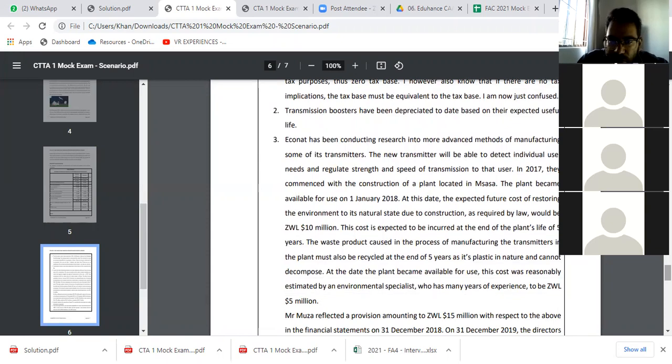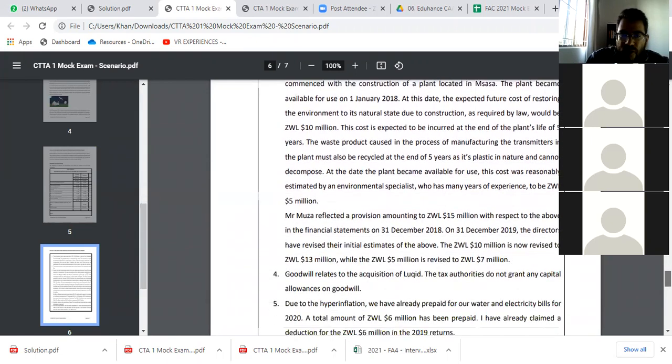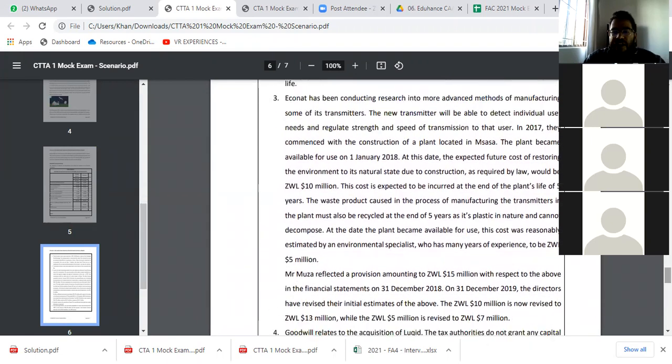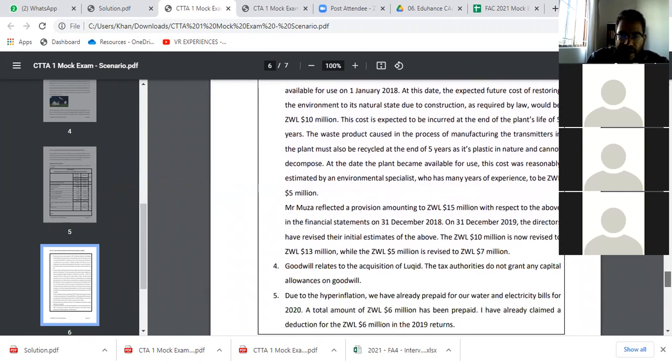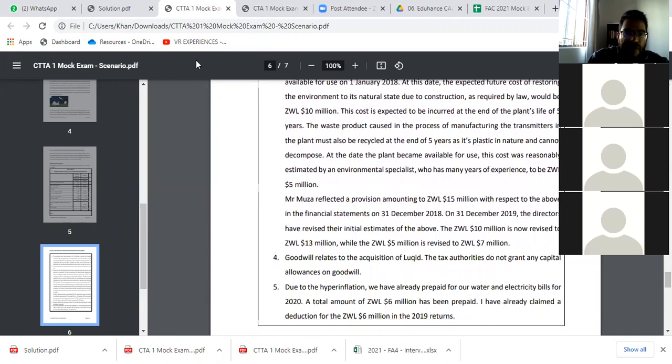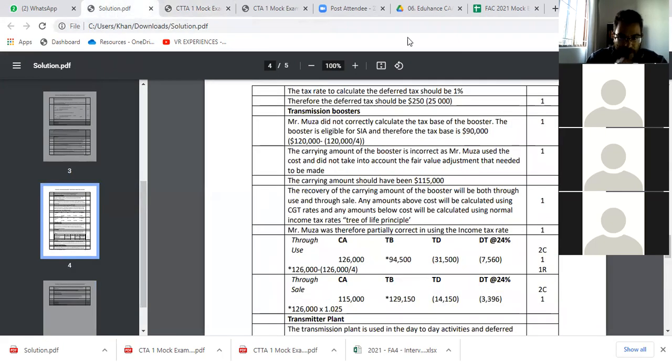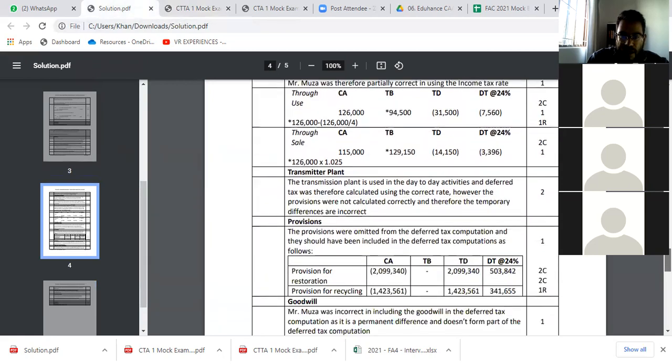The new transmitter will be in on 1 January. Okay, so it's got to do with a provision. So they definitely accounted for the provision incorrectly. So at 31 December 2019, what is the provision? That's the big question.